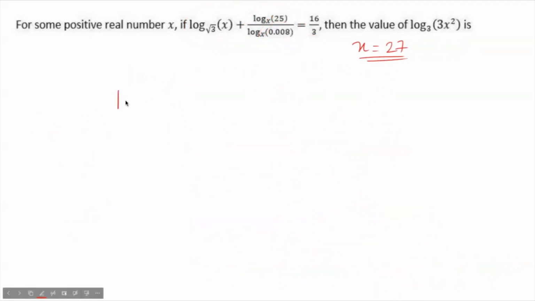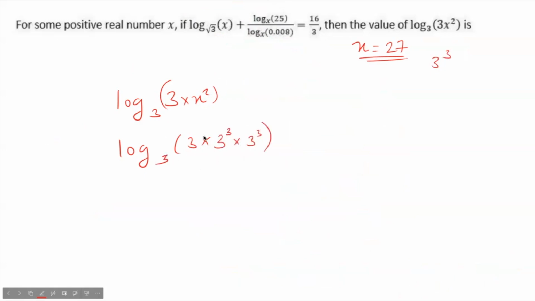They're asking us to find the value of log of 3x square to the base 3. Now, if you look at it this way, x is simply 27, which is 3 cube, right? So x square will be what, guys? 3 cube into 3 cube, or 3 cube the whole square. The base here is 3. Whenever numbers are multiplied, the powers get added, right?